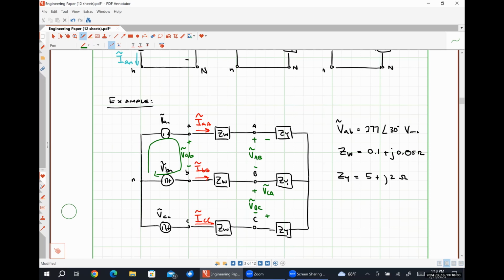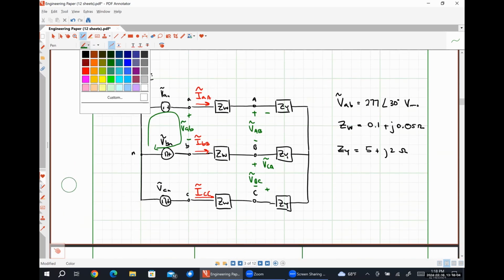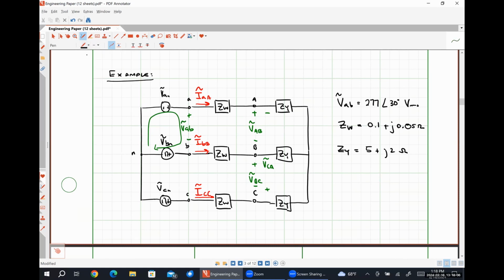I can see pretty easily that negative VAN plus VAB plus VBN is equal to 0, just from Kirchhoff's voltage law.